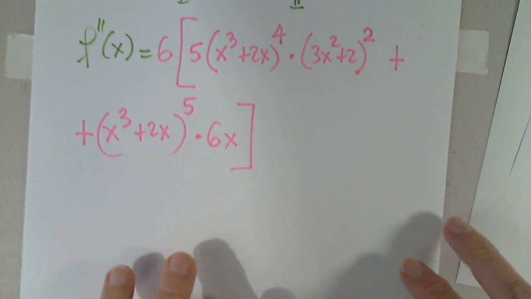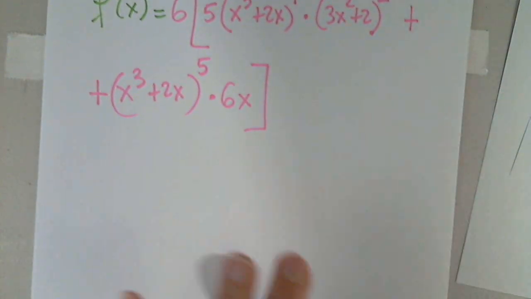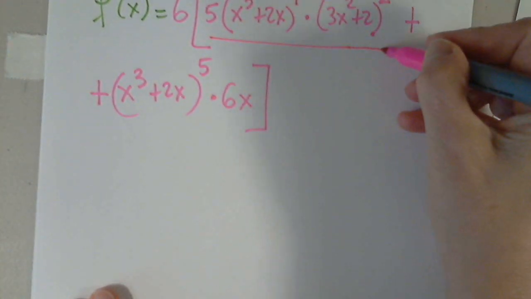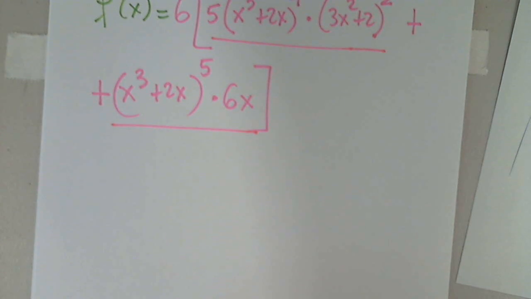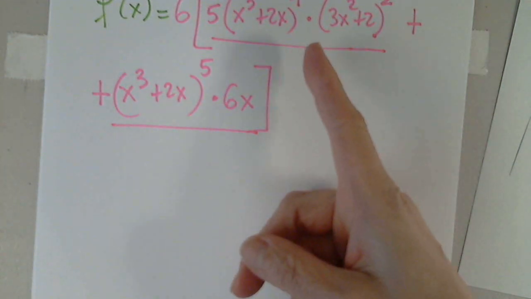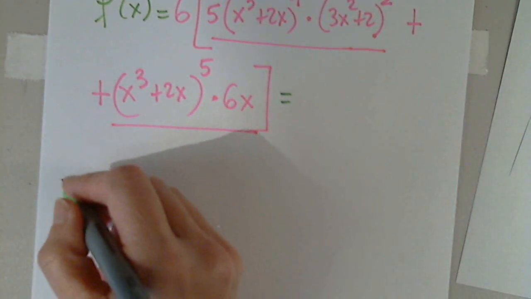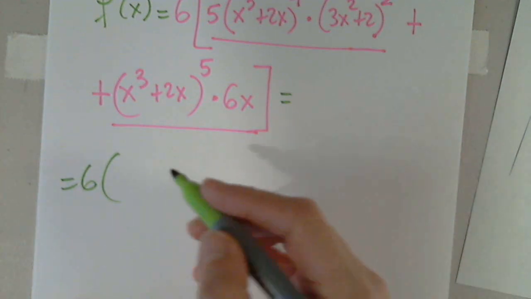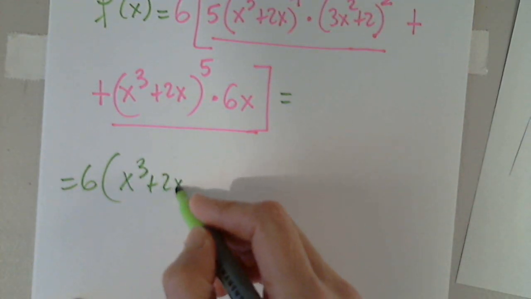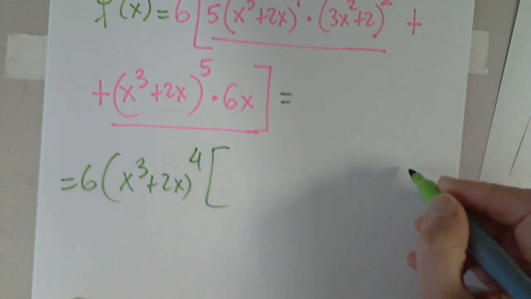I realize that I can factor out something from this term and this term. They have a common factor, and that will be x cubed plus 2x to the fourth power. So 6 is outside, and so is x cubed plus 2x to the 4th power.